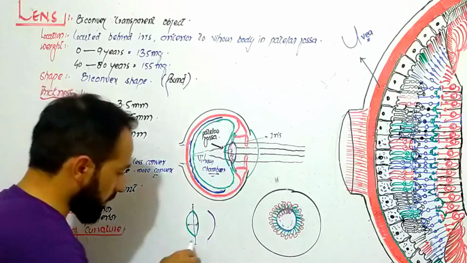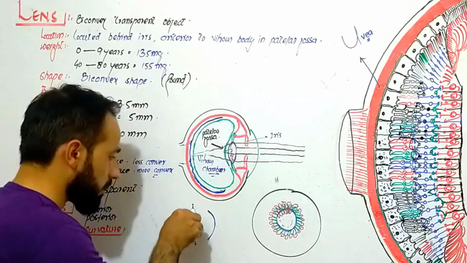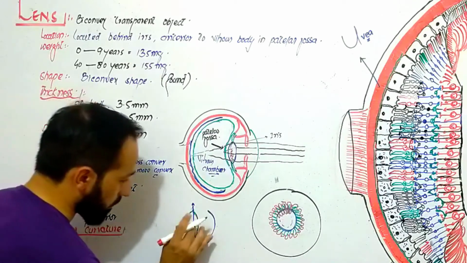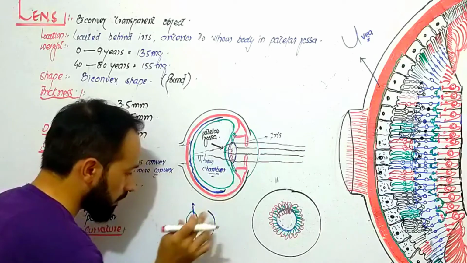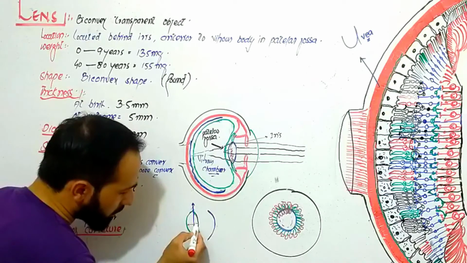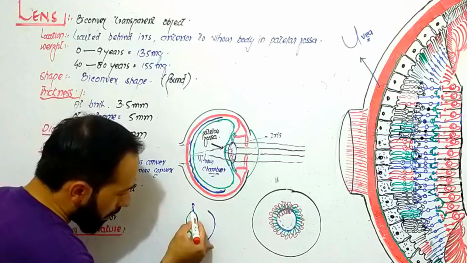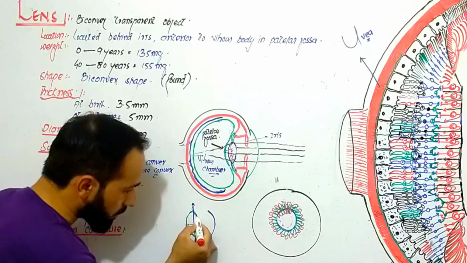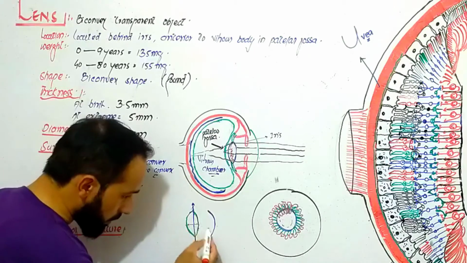For example, this is the equator line, right? Now, from this equator line, from this central line, how much space is present here and how much space is present here? It means how far backward the posterior surface goes and how far forward the anterior surface goes.